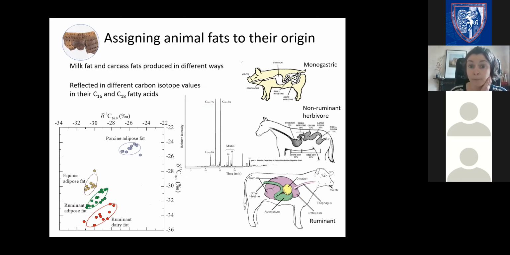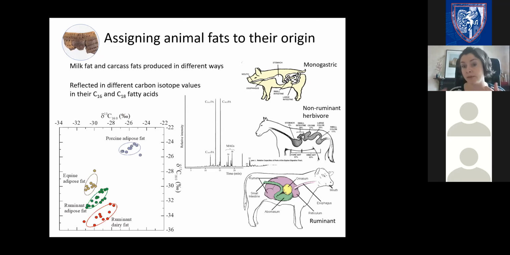How do you tell what sort of degraded animal fat you have? Happily, because of the wider carbon cycle and how carbon works its way around our bodies as organisms, whether as a human, a herbivore, or a non-ruminant herbivore like horses, the different carbon isotope values fractionate differently.